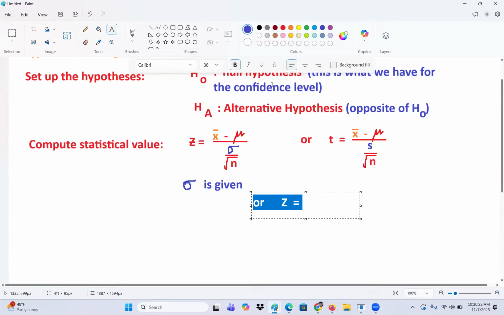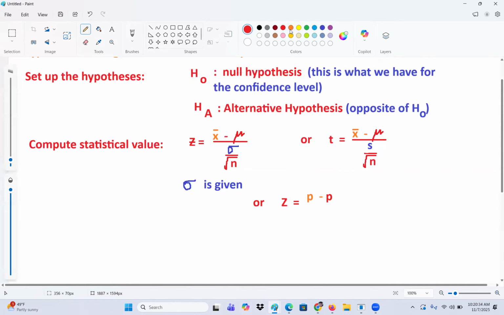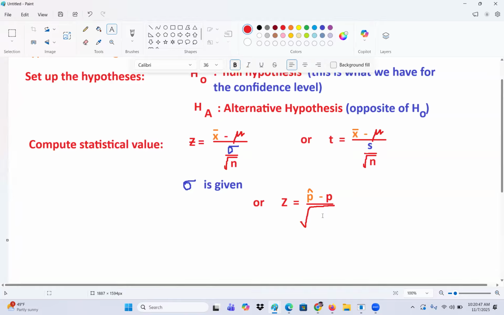This is what we have learned: you take p hat minus p, over the square root of p times 1 minus p, or pq, whatever you want to call it, over n. I don't have enough space for this.